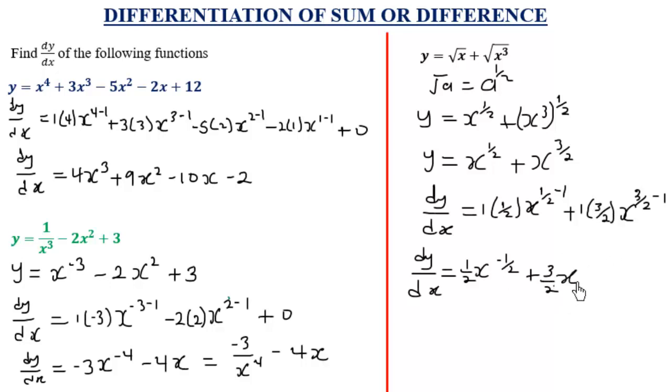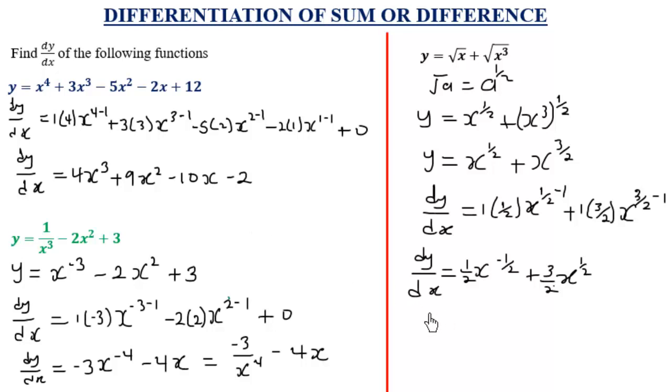You bring your x here. Now you have the exponent of this function to be 3 over 2 minus 1. So just pick your calculator and find 3 on 2 minus 1, and that will give us half. So that will give us 1 on 2. So that is the derivative of the radical function over here.